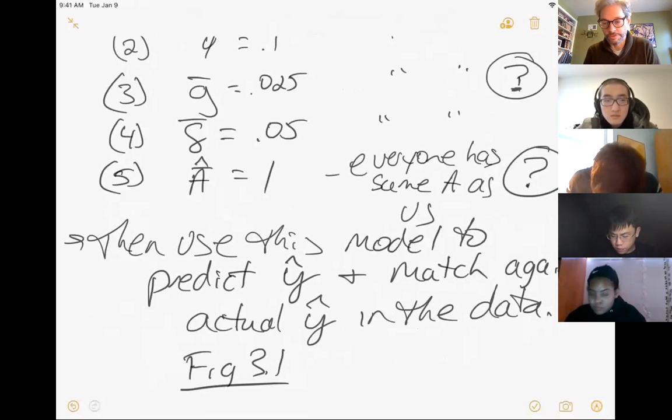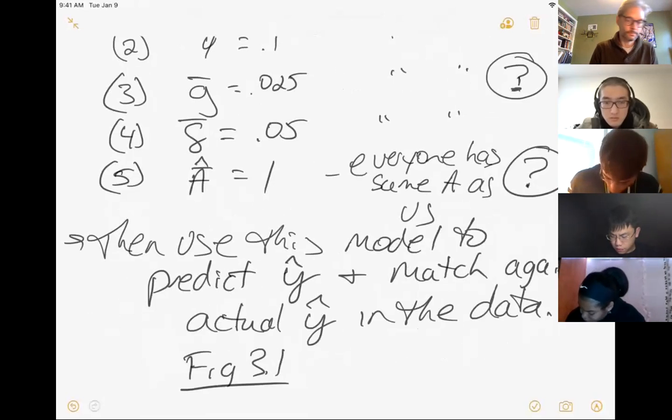And this is figure 3.1 in your book. Okay.